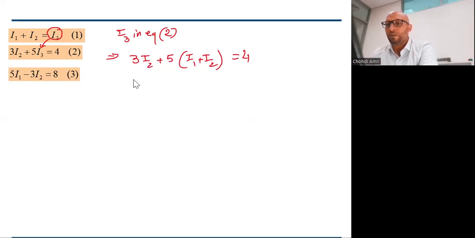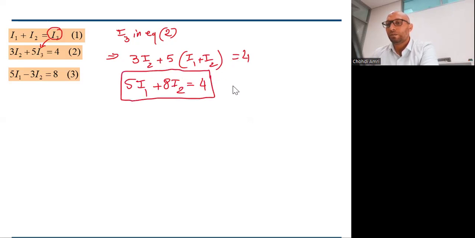So 3I2 and 5I1 plus 3I2 and 5I2, so plus 8I2 equals 4. This is equation number 4. So now we have two equations not used, equation 4 and equation 3. So we're going to do some arrangement between equation 3 and equation 4 to get an equation with one unknown.